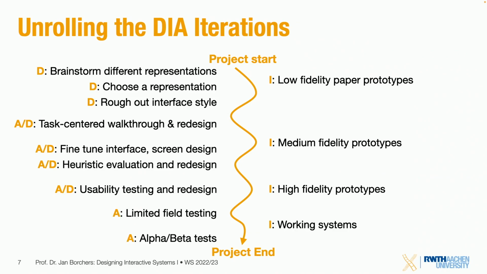And then finally, you get to field testing and alpha beta tests. This is when you typically see companies letting stuff out of their labs and releasing a beta, right? So the moment you see a beta, it means that lots of people can join in and test this and give feedback. But by that point, if they're following a proper DIA cycle, they've already gone through lots of iterations before that, right? So here, hopefully, you're only looking for small changes or really rare cases where your system has issues.